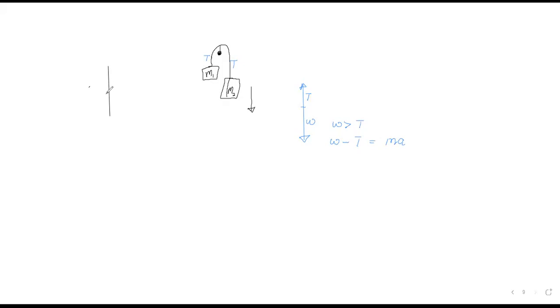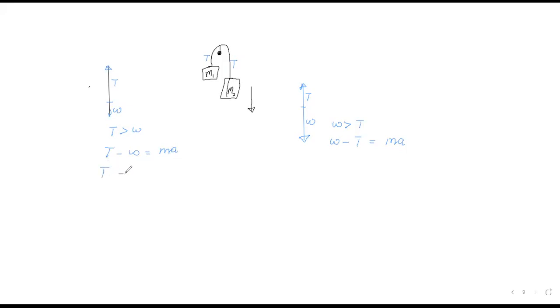Now, for object 2 there, we have the tension here and the weight. The tension is greater than the weight.